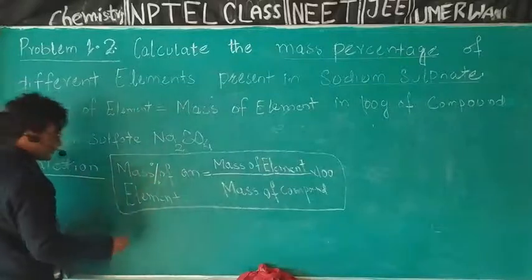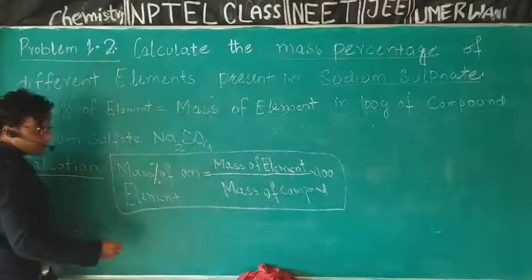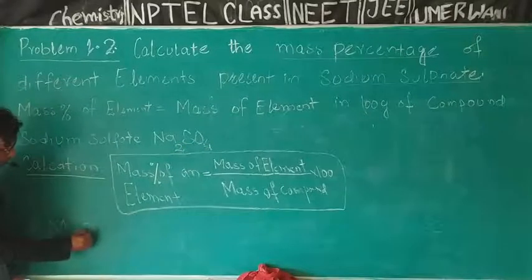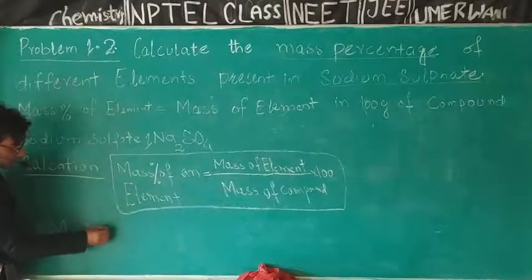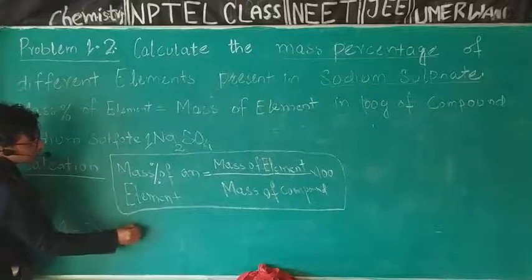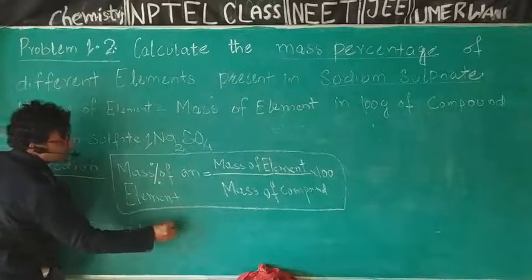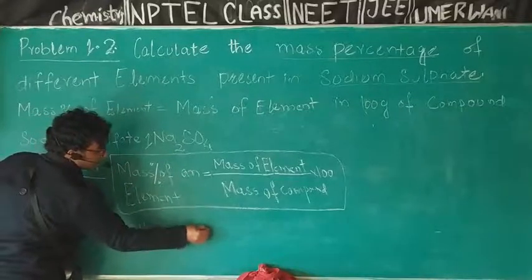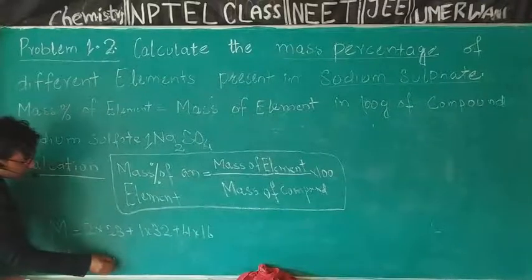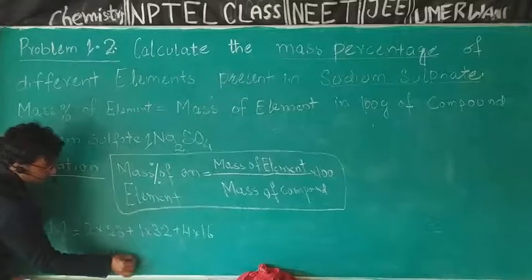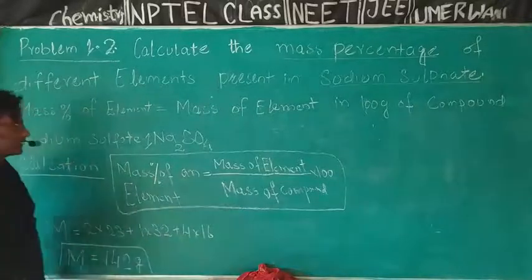For calculation you need to add the atomic masses of 2 sodium, 1 sulfur and 4 oxygen atoms. Its one formula unit has 2 sodium, so 2 multiplied by 23, plus sulfur is 1 atom multiplied by 32, plus oxygen are 4 atoms multiplied by 16, and the molar mass of this compound comes equal to 142, and yesterday I told that its unit is gram, 142 gram.